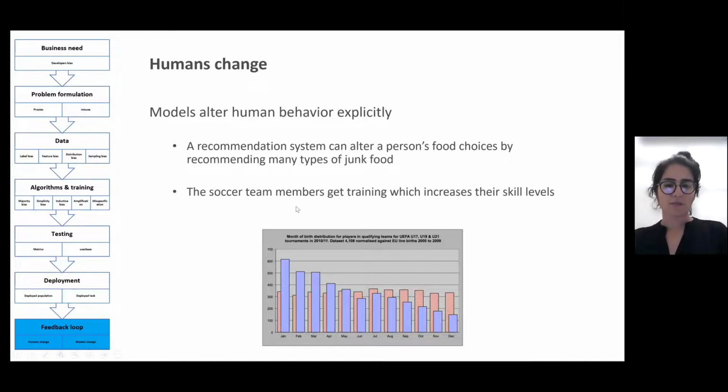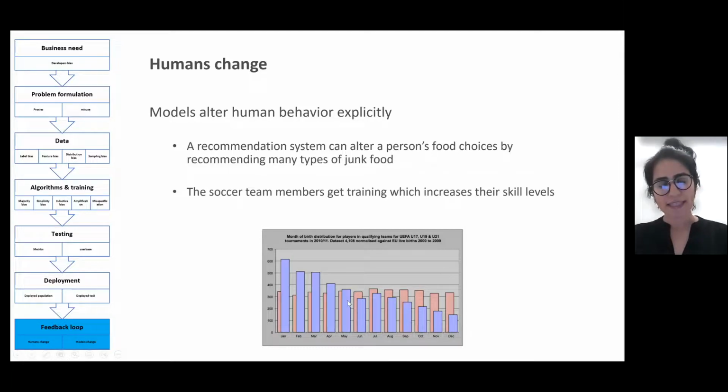As an example of this, there is the relative age effect, where they look at the months of birth of different populations, and the pinky orange color shows that months of birth are actually uniform among the general population.